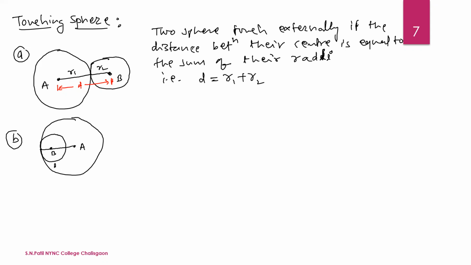Now this is the difference; you consider this difference as D. The radius of the sphere with center A is R1, and the radius of the second sphere whose center is B is R2.